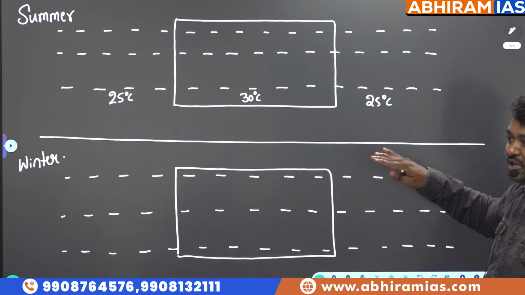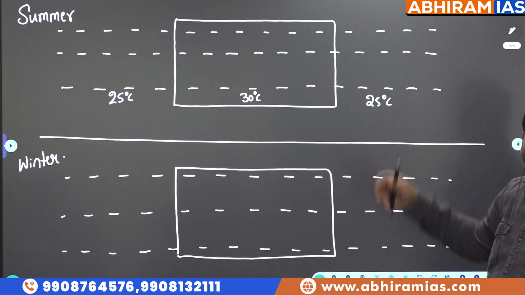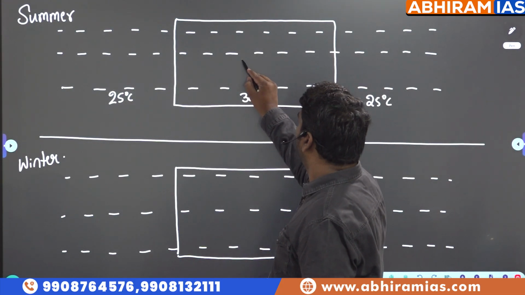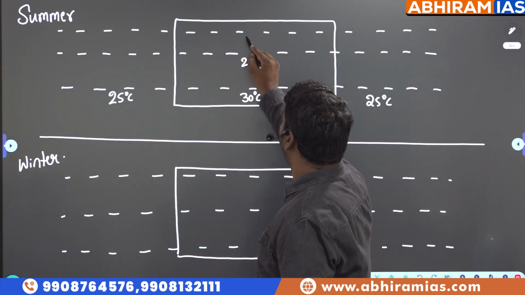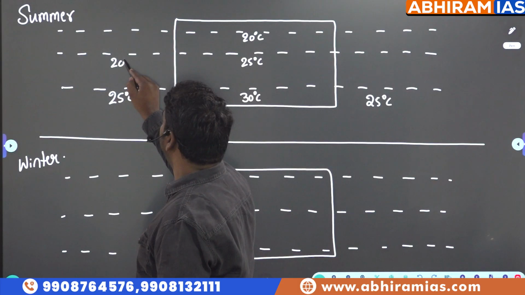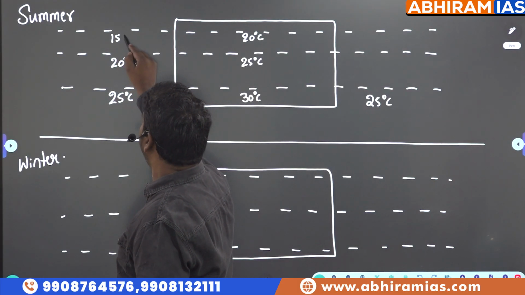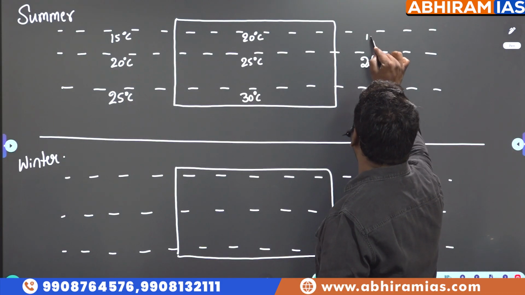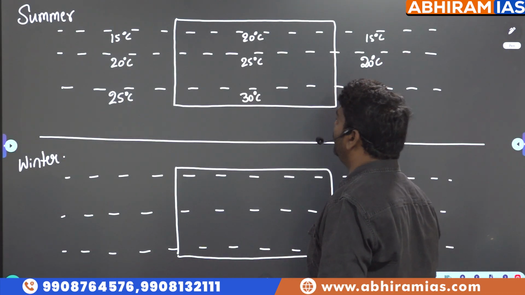As we go from equator to poles, what is going to happen? Temperature decreases. So 30 becomes 25 degree, 25 becomes 20 degree. Here 25 becomes 20 degree and 15 degrees Celsius. Now, please see.